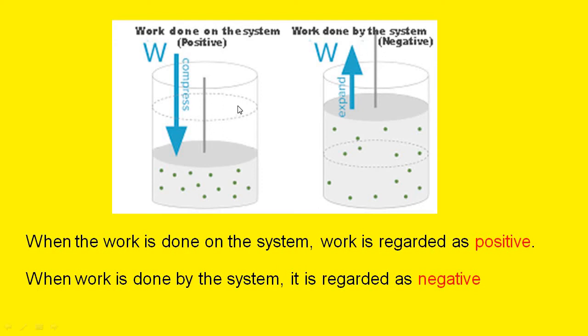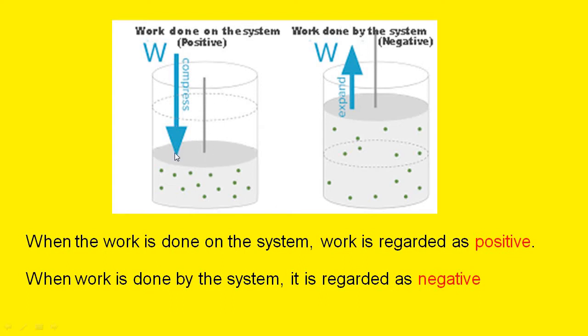Here you can see that work done on the system means compression. This is a gas contained in a cylinder with a movable piston. Initially, the piston is here, the position of the piston shown by a dotted line, and then it is pressed to this point.